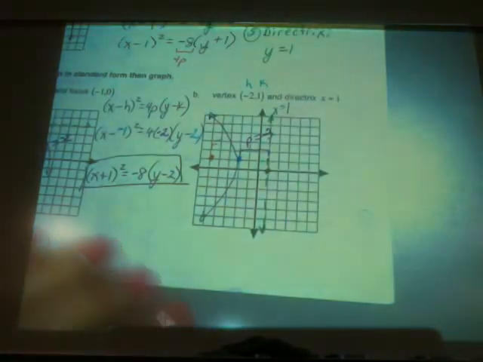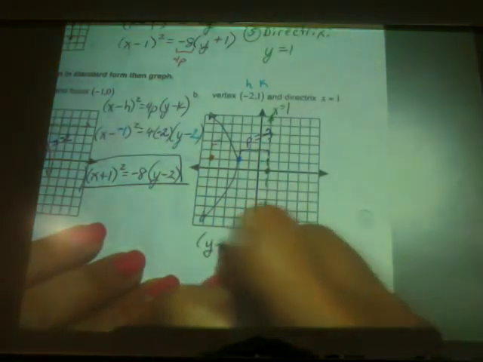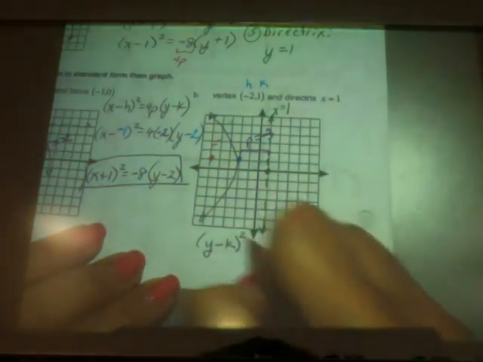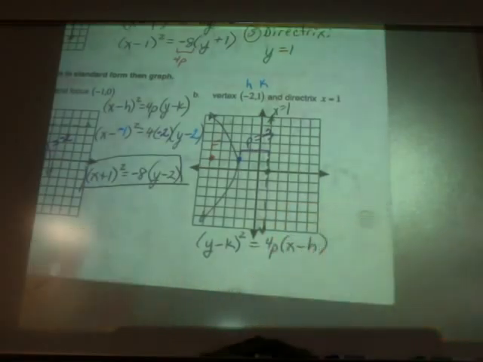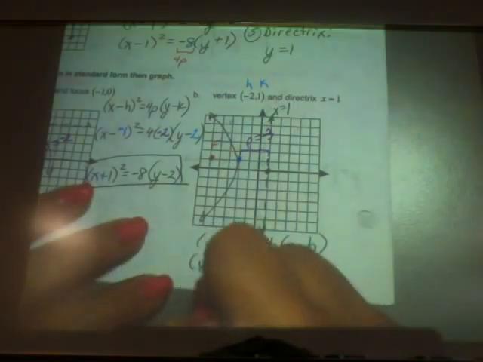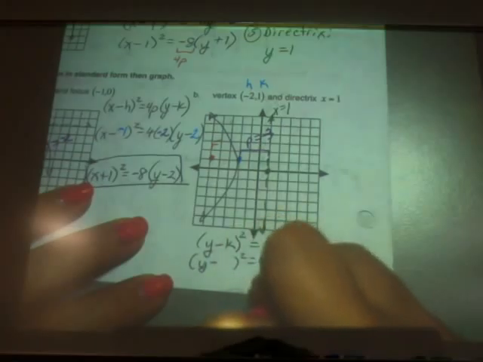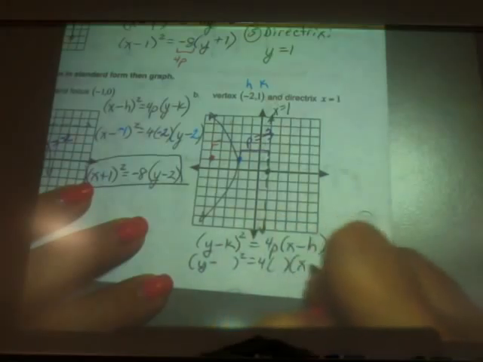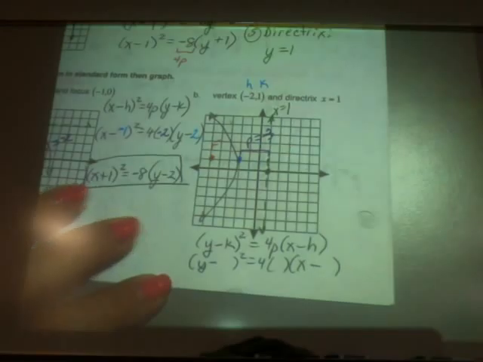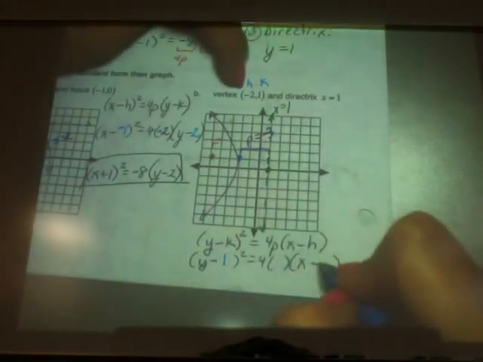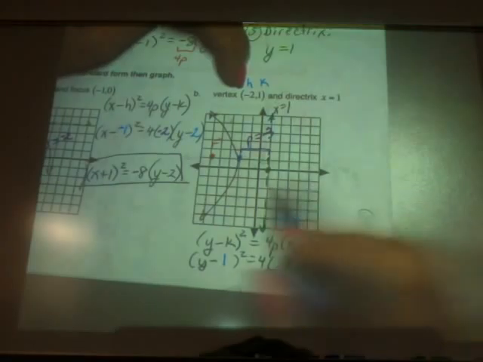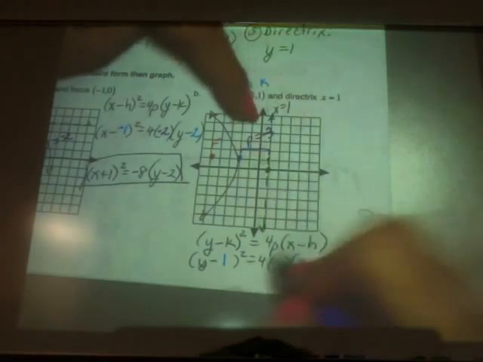So that means that your formula is y minus k squared equals 4p times x minus h, because h always goes with x, k always goes with y. So plug in the things that you know. You know your k. You're going to know your P, and you're going to know your H. My K is 1, my H is -2, and my P we found was -3.